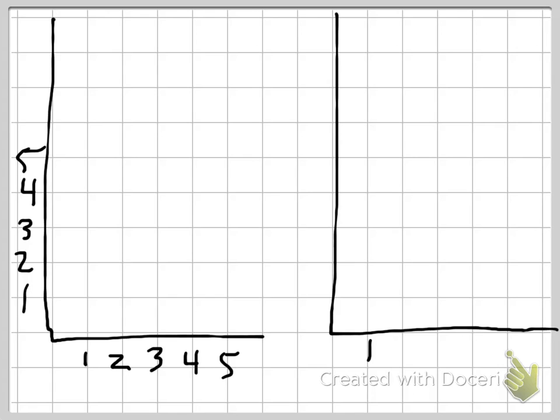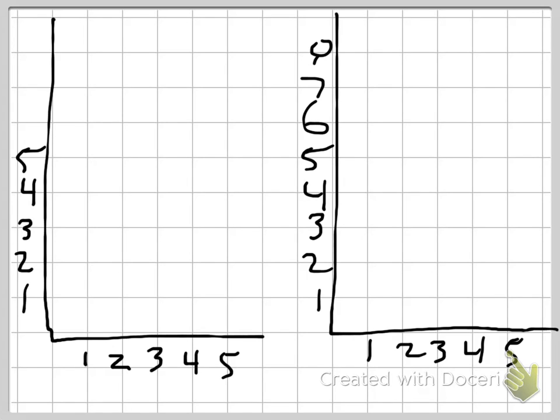So I'm simply right now working on getting my coordinate planes labeled. I've got two different coordinate planes, 1 through 5 on the x-axis, and I'm actually going to make my y-axis up to 8. So 6, 7, and 8 on both of those.